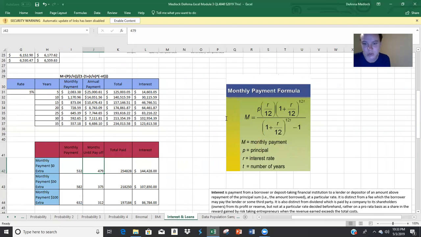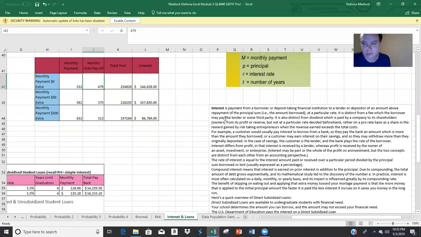So it's the payment from the borrower, which would be you, or deposit taking financial institution. Say the bank bought it for you and then you were paying the bank back, to a lender or depositor of an amount above repayment sum, that's in lieu of the amount borrowed, at a particular rate.